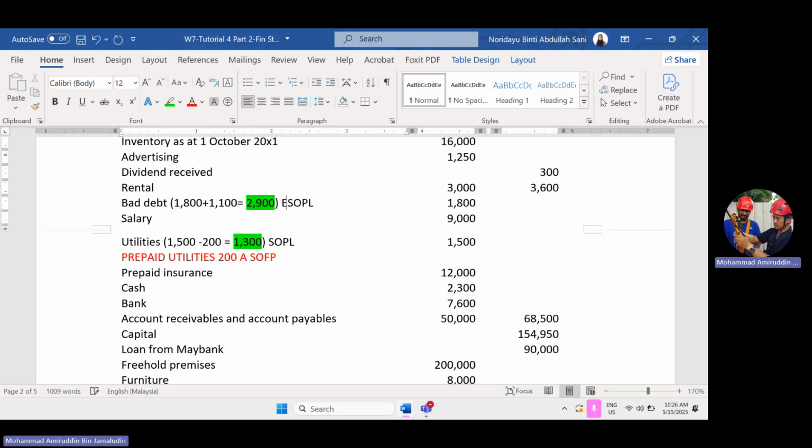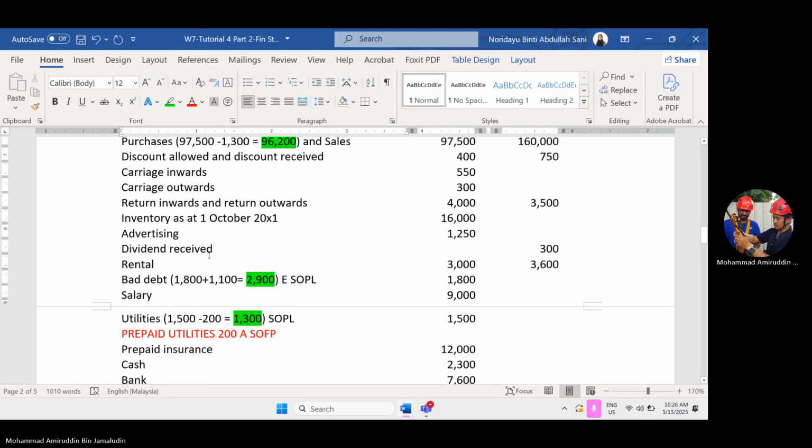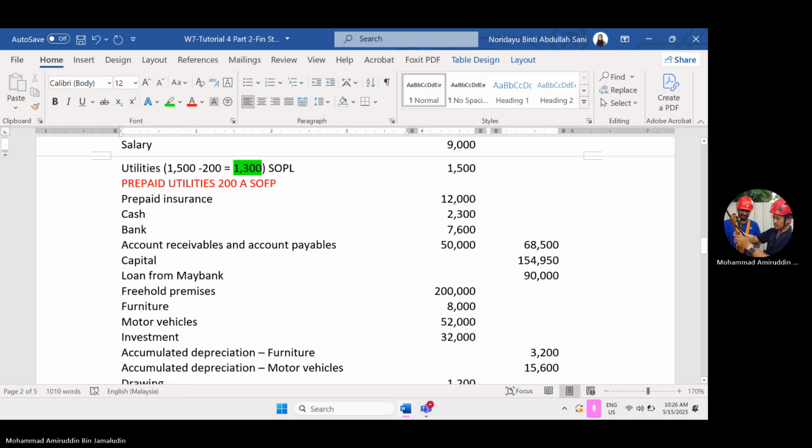Credit what? Is it accumulated allowance for doubtful debt? Actually, that's the original double entry. But since you are not involved in these receivables, you don't have to record the double entry in complete. So straight away, we show the final one, which is you will credit your account receivables.